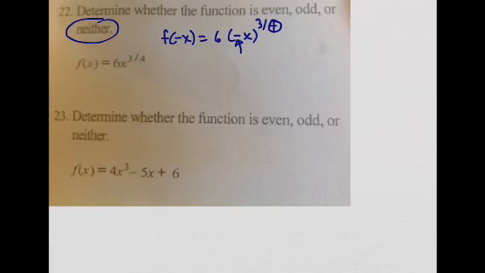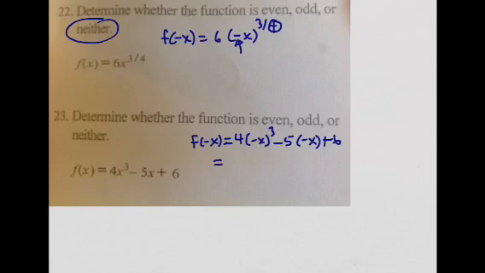For number 23, determine whether, again, same thing, even, odd, or neither. You can replace all the x's. I'll show you that algebraically, how to do that. So 4 times negative x cubed minus 5 times negative x plus 6.